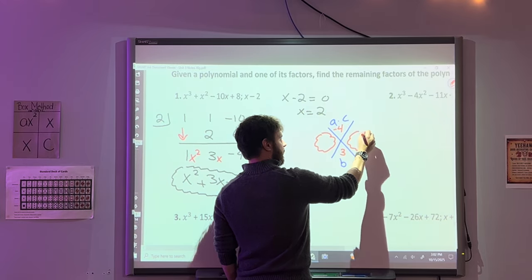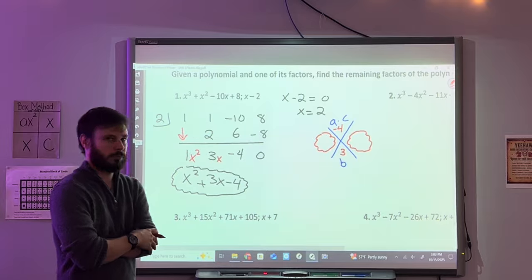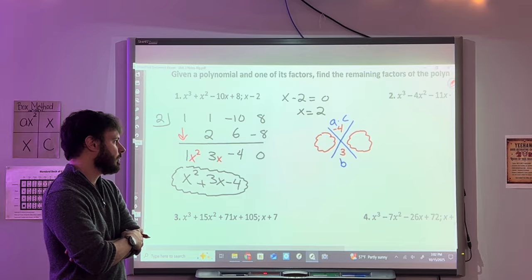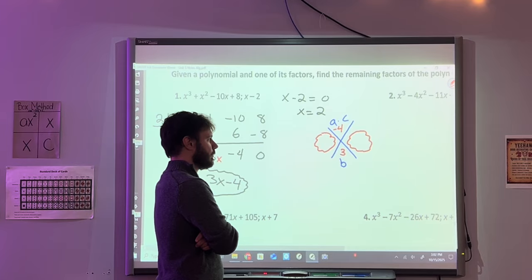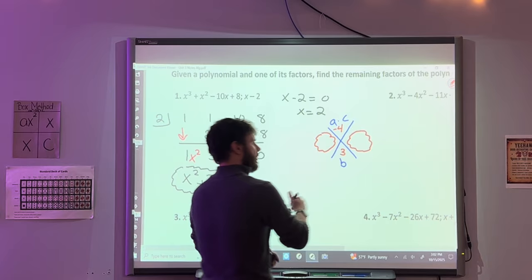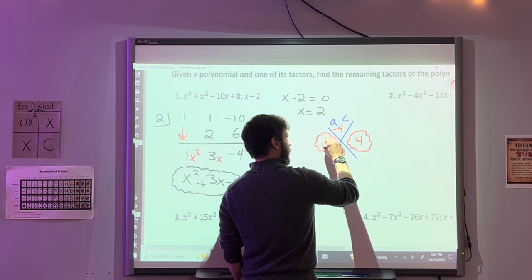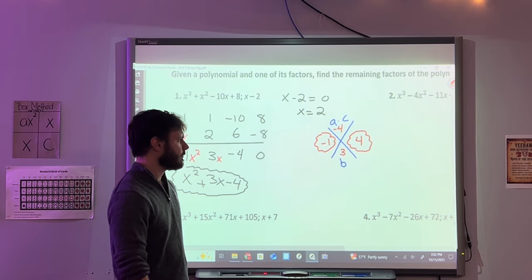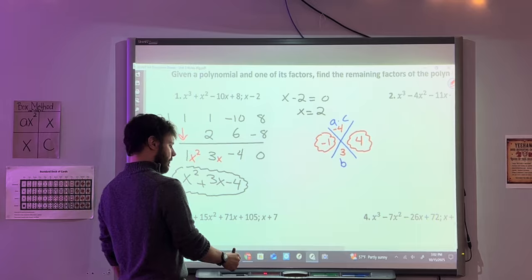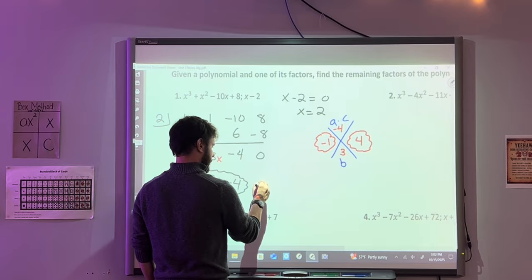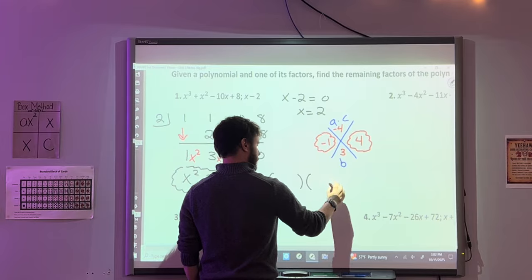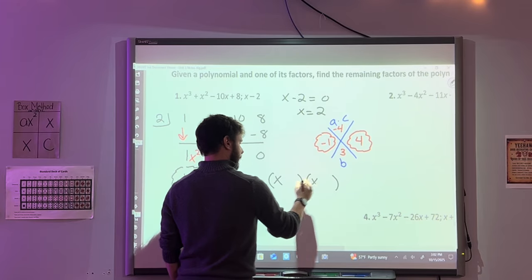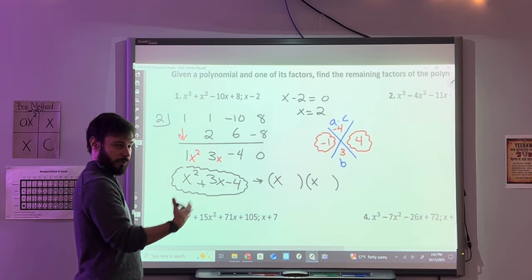What two numbers multiply to make 4, add to make 3? So it's going to be 1 and 4, right? It's the only way that makes sense. So it's going to be positive 4 and negative 1. Cool. These cloud numbers go into this form, where I have 2 bubbles with an x at the beginning.